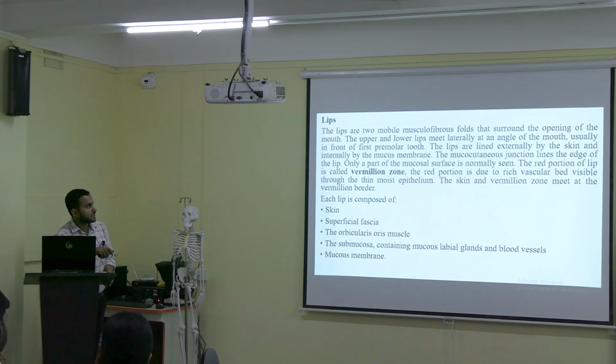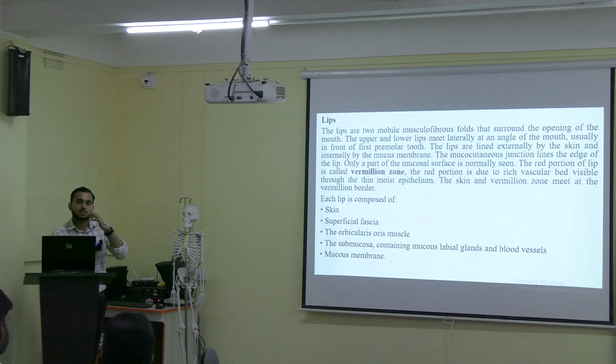Now the mucocutaneous junction lies at the edge of the lip, okay, only a part of the mucosal surface is normally seen. The part which is covered by skin has the normal color of the skin. The part which is not covered by skin appears pink or red. Why? Because of the presence of rich blood supply in that area, okay.